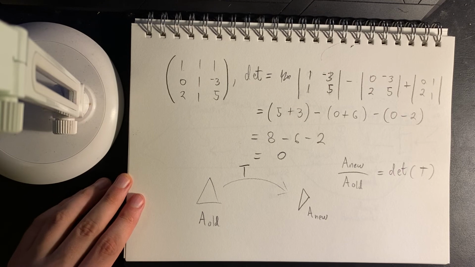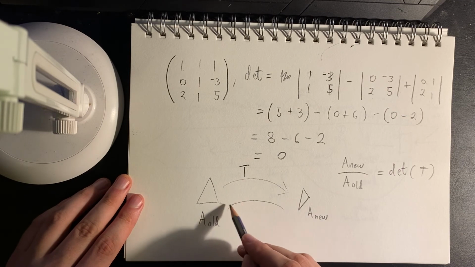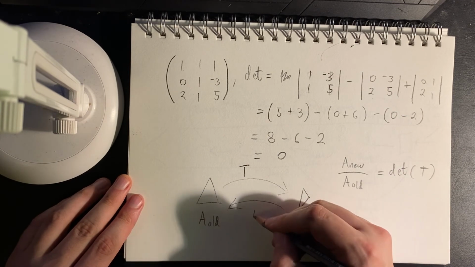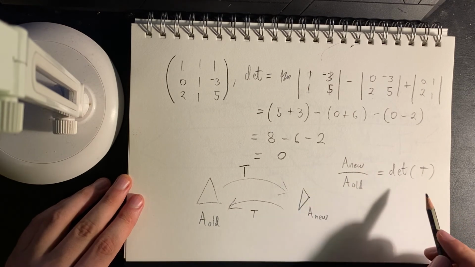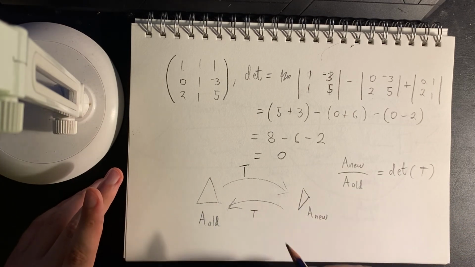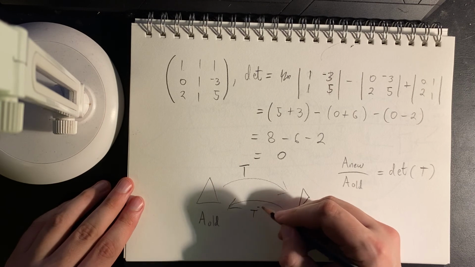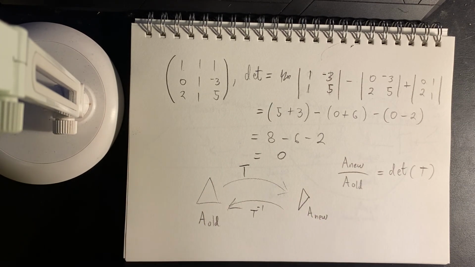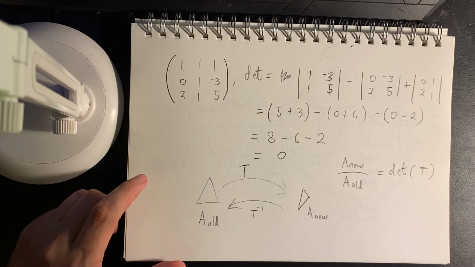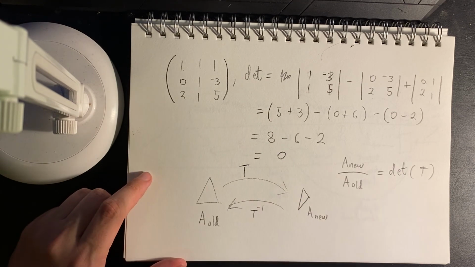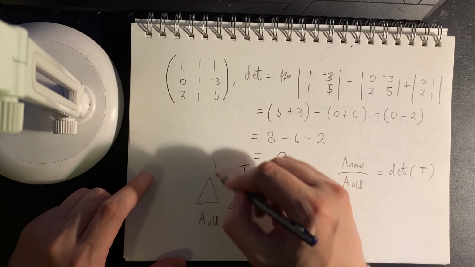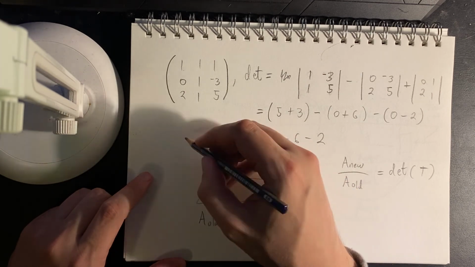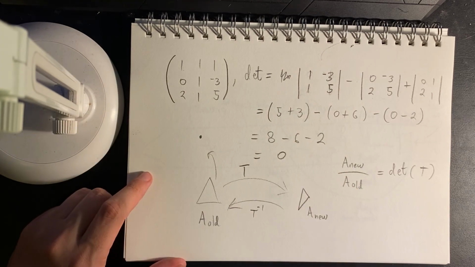So the inverse would correspond to sort of blowing it back up. Now, if that shrinking factor is anything other than 0, then you can take the reciprocal of it, and that will take you back to the same original area. If the determinant is 0, then that corresponds to transforming this to some sort of shape which has 0 area.